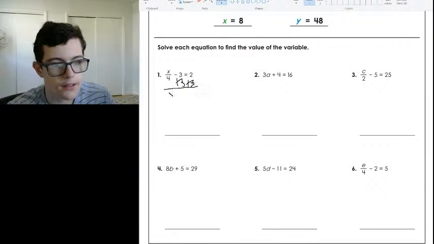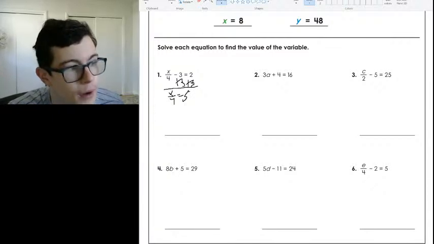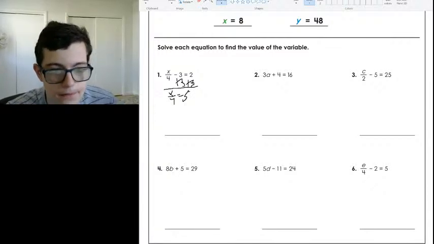So now we have x over 4 equals 5. Now what we're going to do is multiply by 4 on both sides to get our x alone. You get 4 over 4. We're going to get 4 over 1, my apologies.